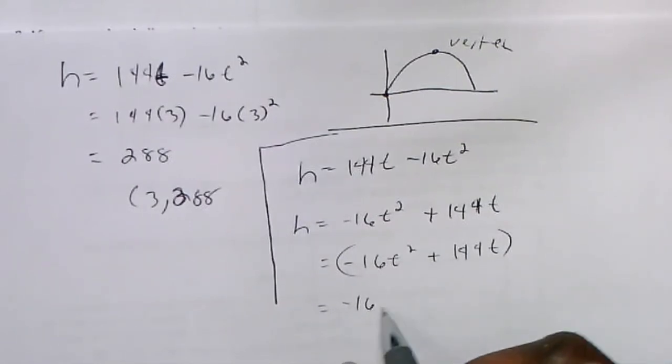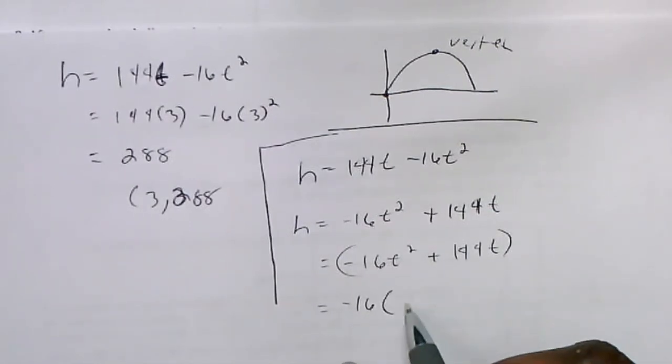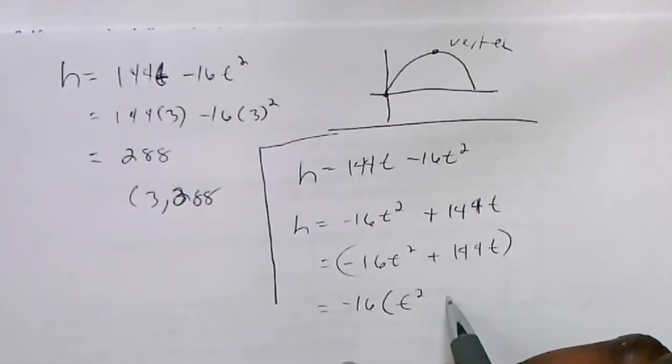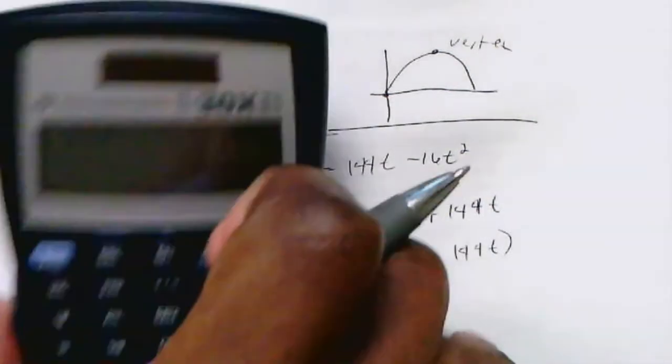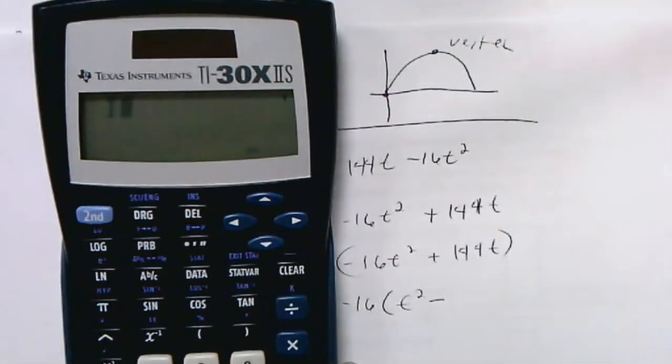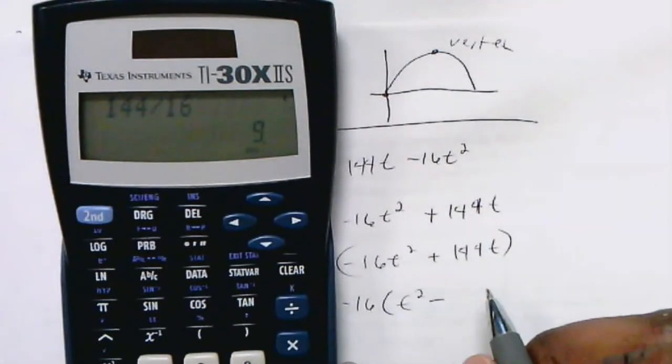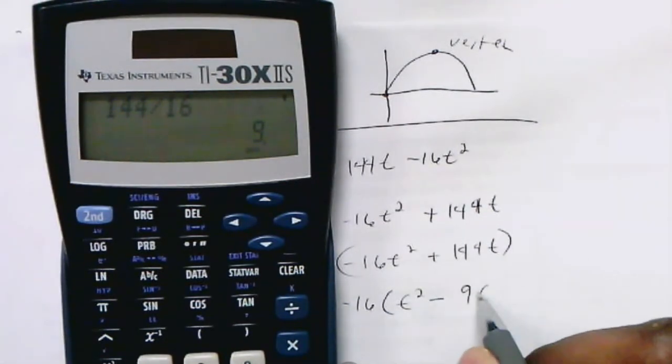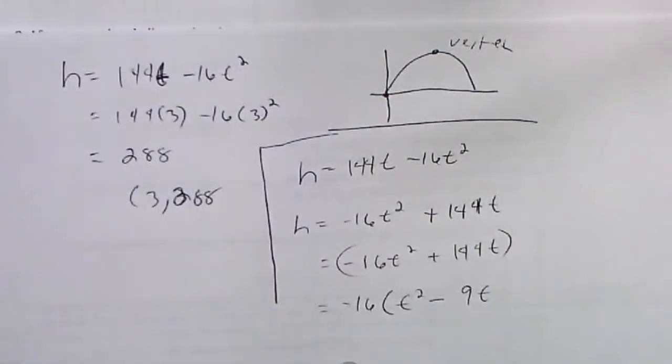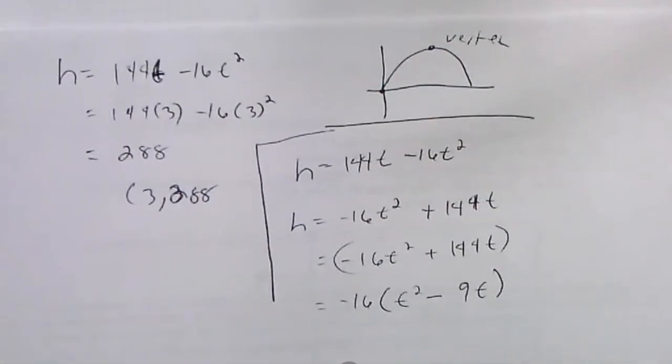That gives you negative 16 in front, t squared, and if you factor out a negative, that becomes negative. And 144 divided by 16 gives you the second number, 9. That's 9t. So after I factor that out, that's what it is.